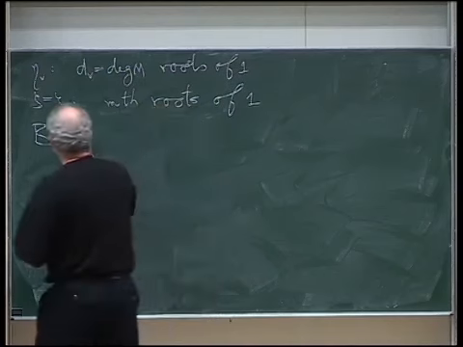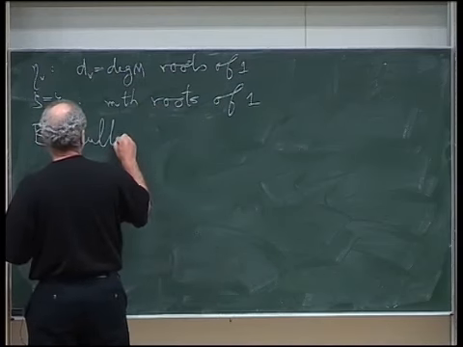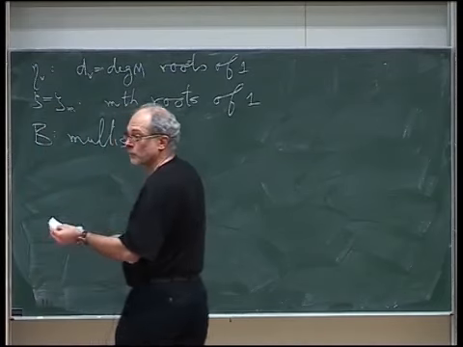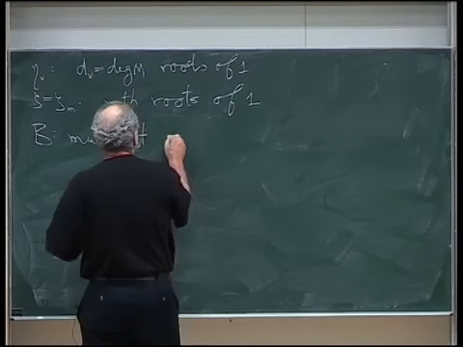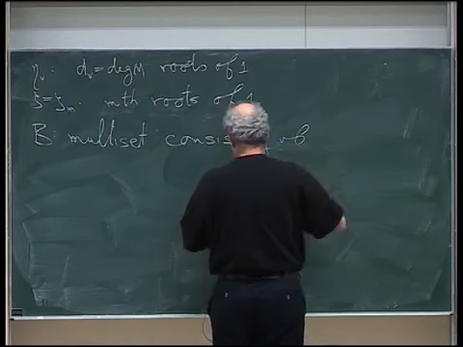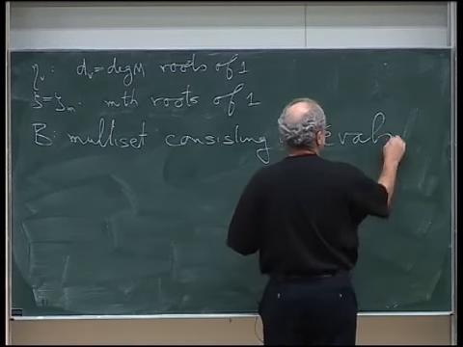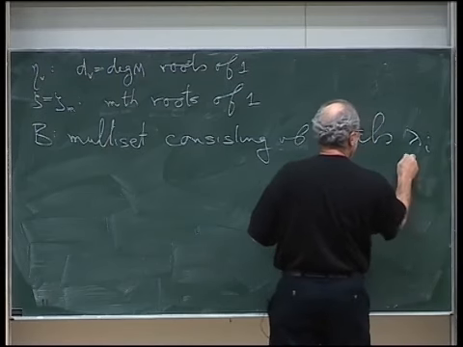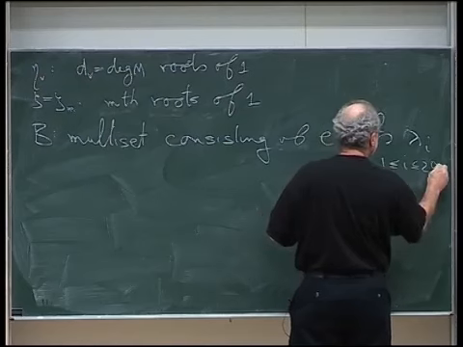So let me write B for the multiset, so set with multiplicities, consisting of the eigenvalues lambda_i, where i goes from 1 to 2g.